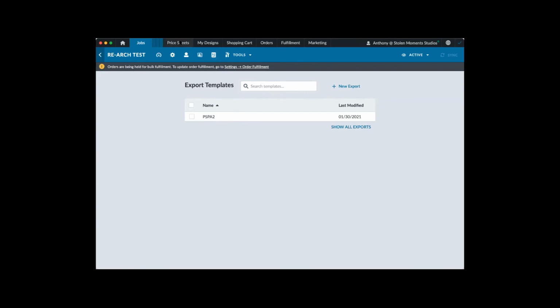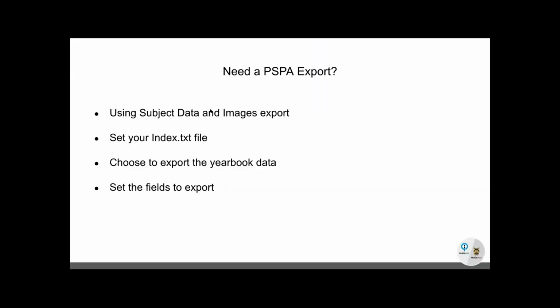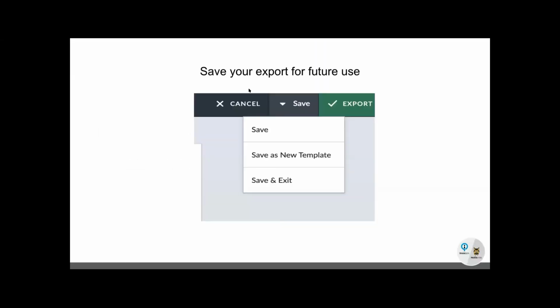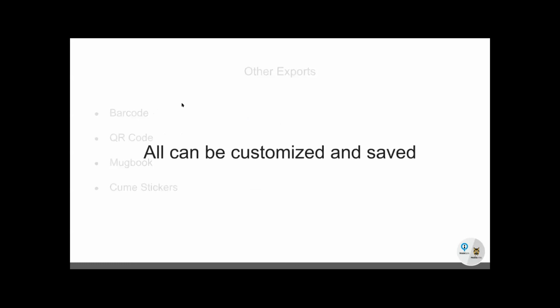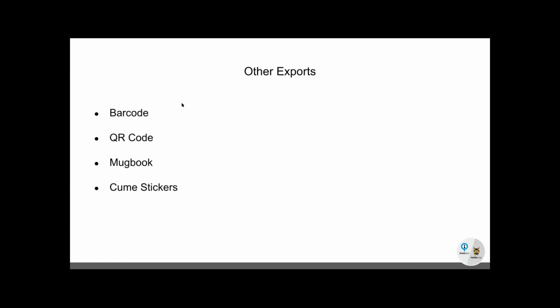All right. So I'm going to go back to the slides here for one moment. Let's see here. All right. So once again, there's the export, saving the export, and then just a couple other things you can do with the exports.